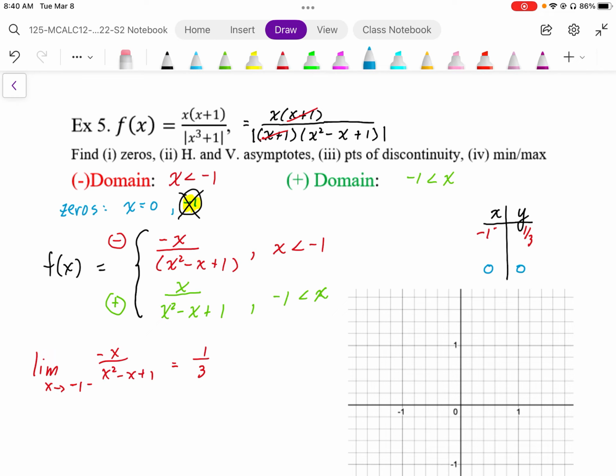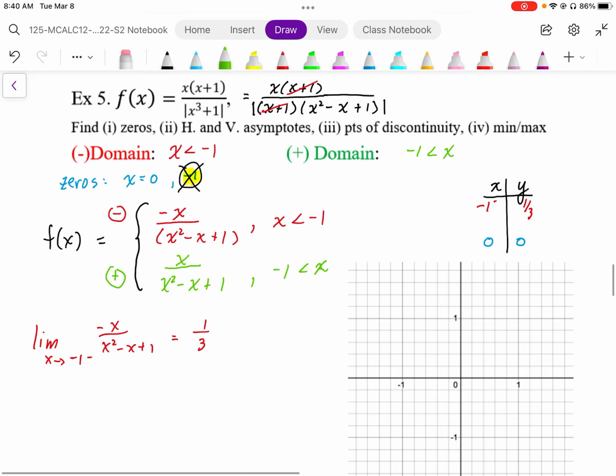And now I'm going to do the limit from the right-hand side to see what's happening at that restricted value of -1 from the right-hand side. So the limit as x approaches -1 from the right-hand side, I'm going to put into x over x squared minus x plus 1.